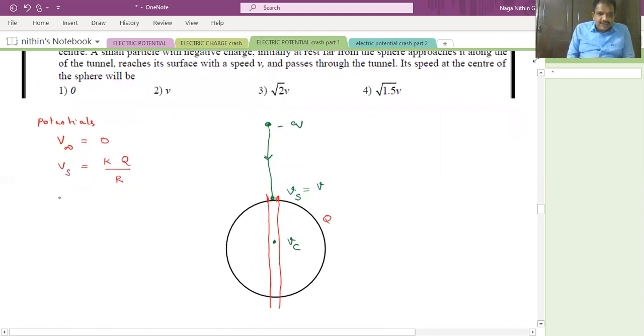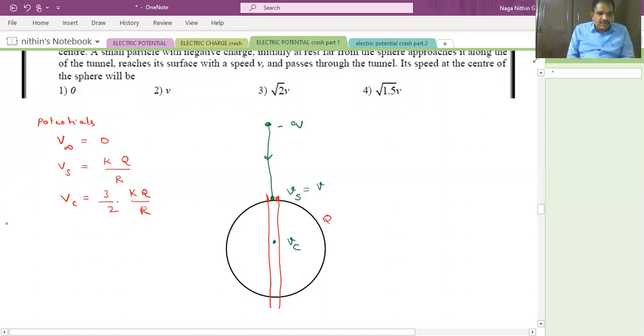Next, potential at the center of a non-conducting sphere will be 3 by 2 times 1 by 4 pi epsilon naught kQ by R. These are the formulae. For a non-conducting sphere, potential at the center is 3 by 2 kQ by R.